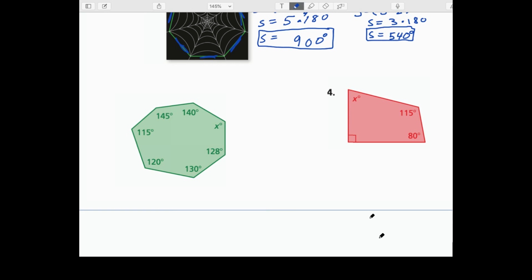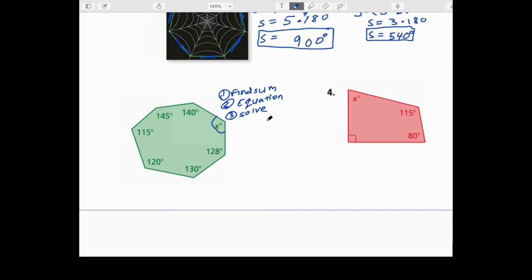There's only one missing angle, and it doesn't get too crazy, not like some of the ones you guys have been looking at for the last few days. But you don't know what S is. You don't know what the sum is going to be. So you have to find that first. So step 1, we're going to find the sum. Then we're going to set up the equation and solve.